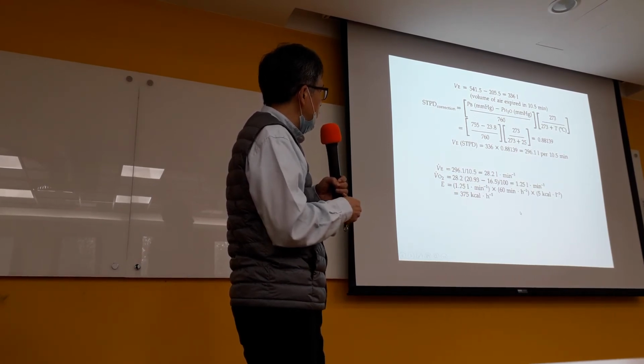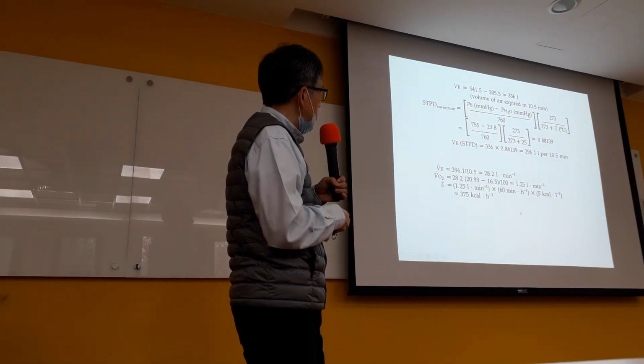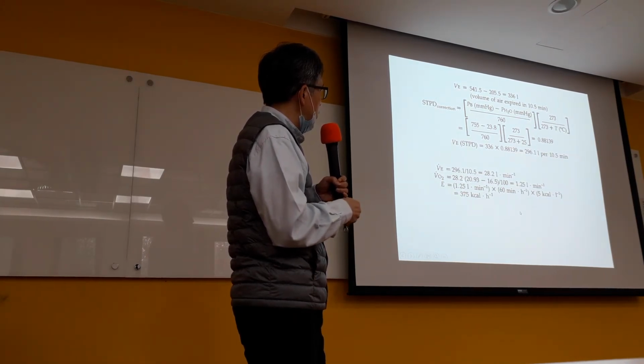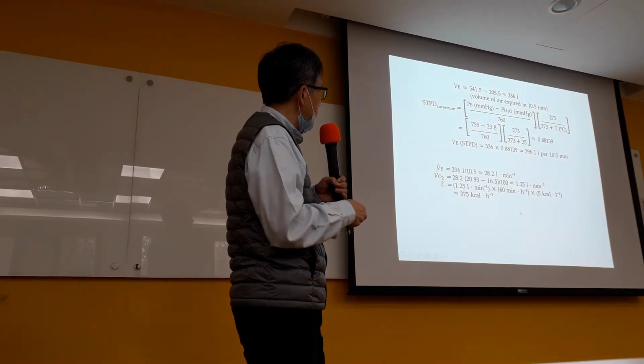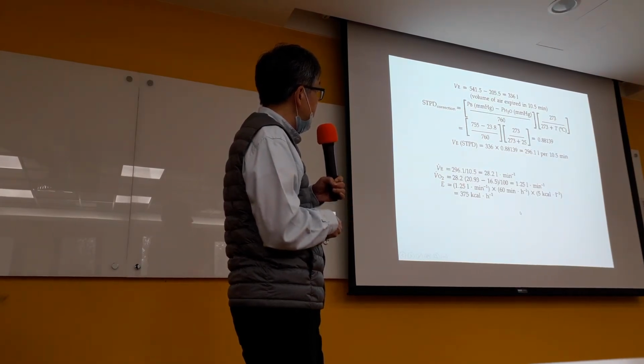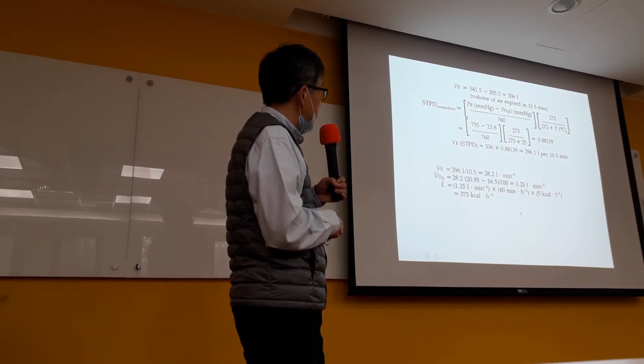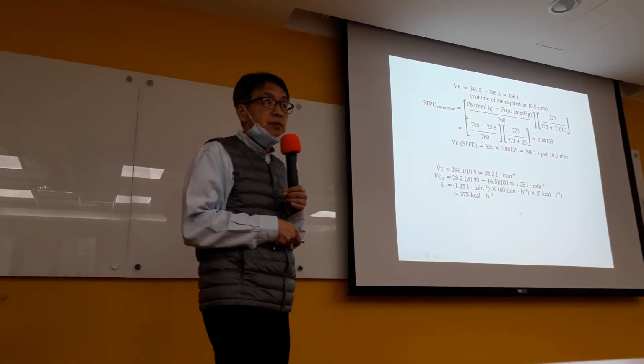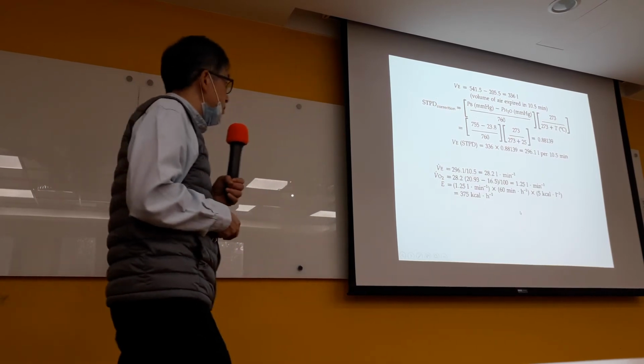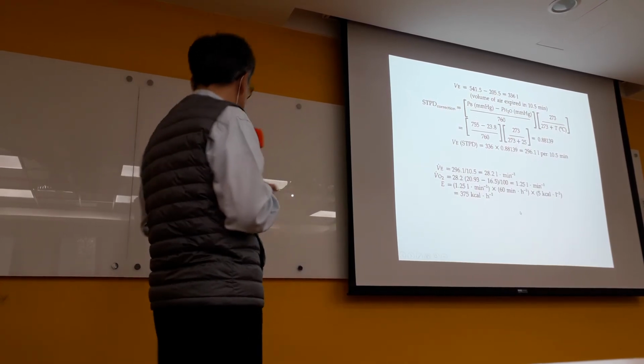So 1.25 multiplied by 5 will be, what is the read? 1.25 multiplied by 5? 6.25. Is that right? Yes, 6.25.